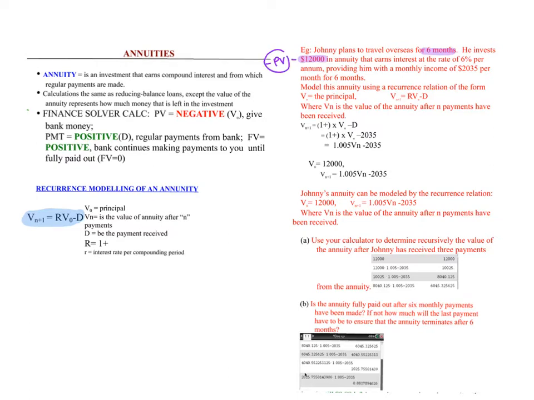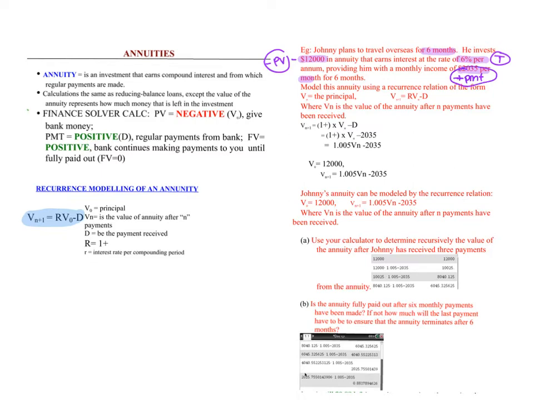The annuity will earn an interest rate of 6% per annum, so that is my I, and providing him with a monthly income of $2,000 per month. So that is a payment he's going to receive, so that's going to be a positive PMT in our Finance Solver.